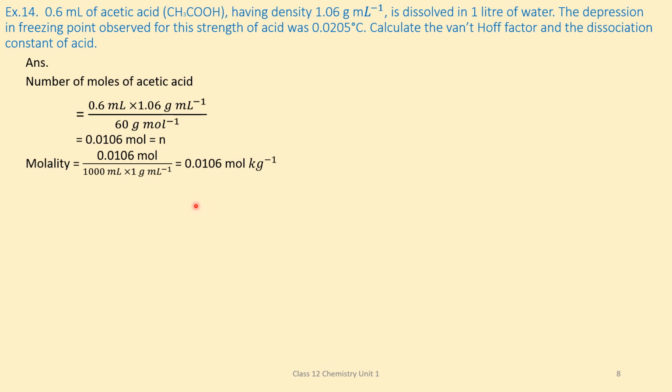Now we will apply the formula. Delta Tf is equal to Kf into W2 into 1000 divided by W1 into M2. This we have studied in section 1.35, that is equation number 35.